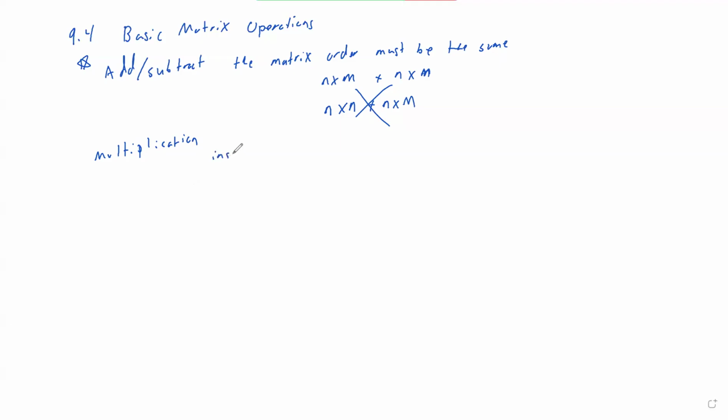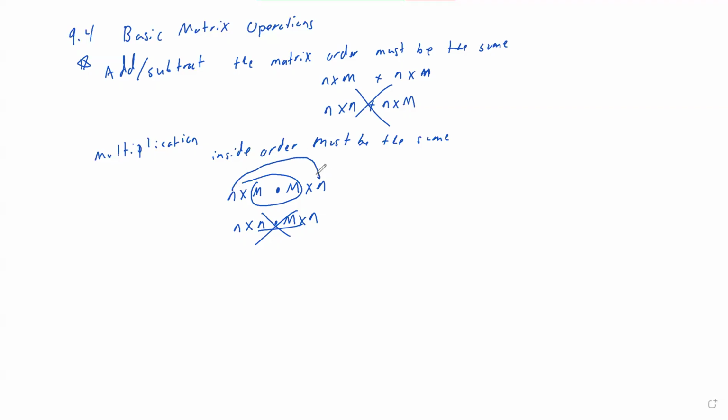So the inside order must be the same. Meaning if I have an n by m, I can multiply that by an m by n, since those are the same. If I had an n by n times an m by n, I cannot multiply because those are not the same. The outside actually tells you what size your answer will turn into. So those are the real big things there.